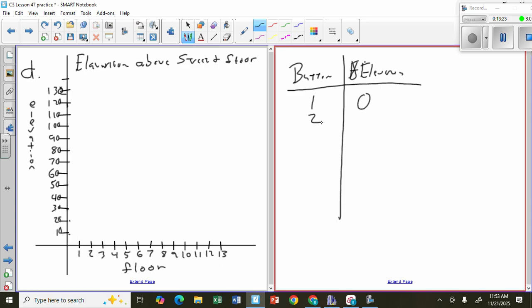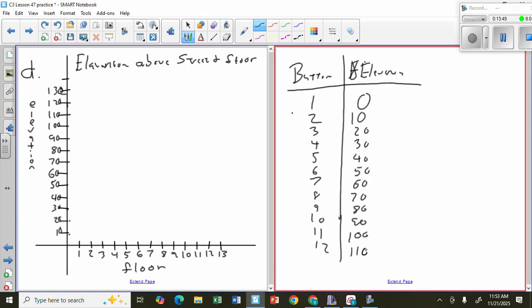The second floor is how much? 10. And how many floors are there? So I could go 1, 2, 3, 4, 5, 6, 7, 8, 9, 10, 11, 12. And over here, 20, 30, 40, 50, 60, 70, 80, 90, 100, 110.